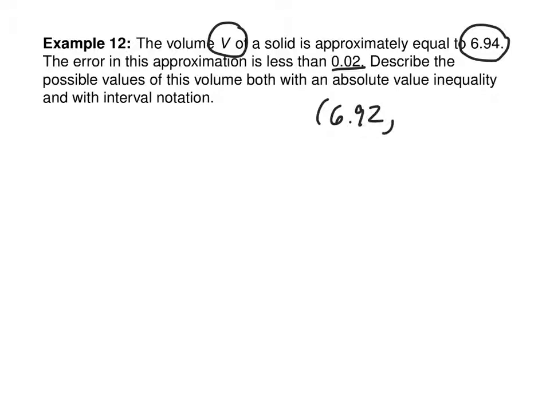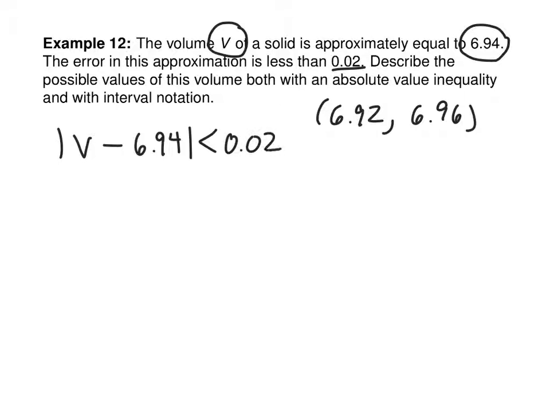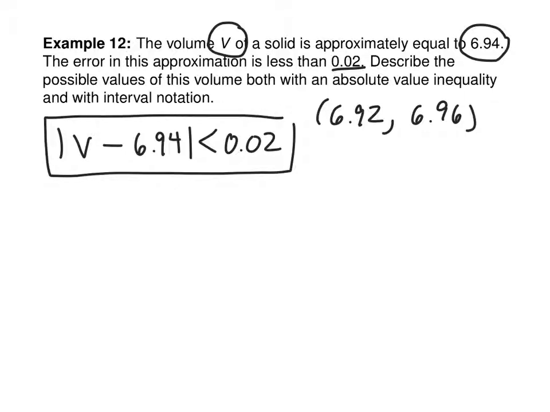And what's the highest it could be? 6.96. And then what would the inequality be? Volume minus 6.94 has to be less than 0.02. And the absolute value bars allow you to account for the fact that you could be under or you could be over, right?